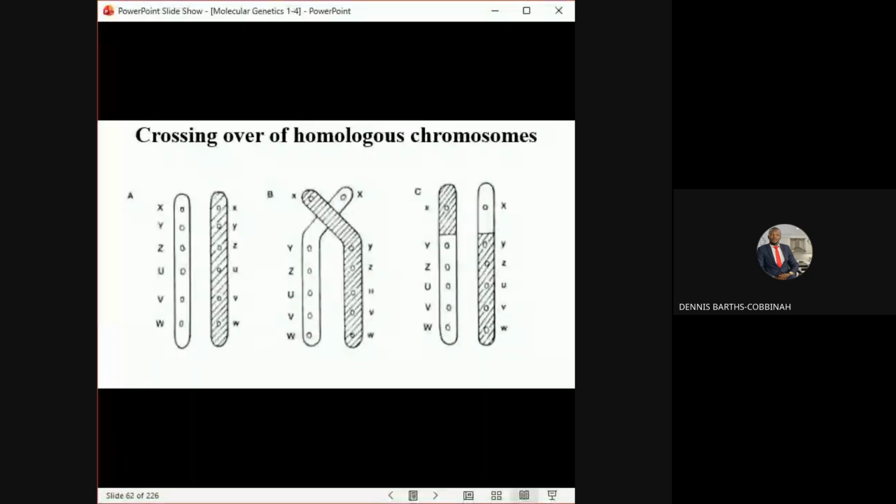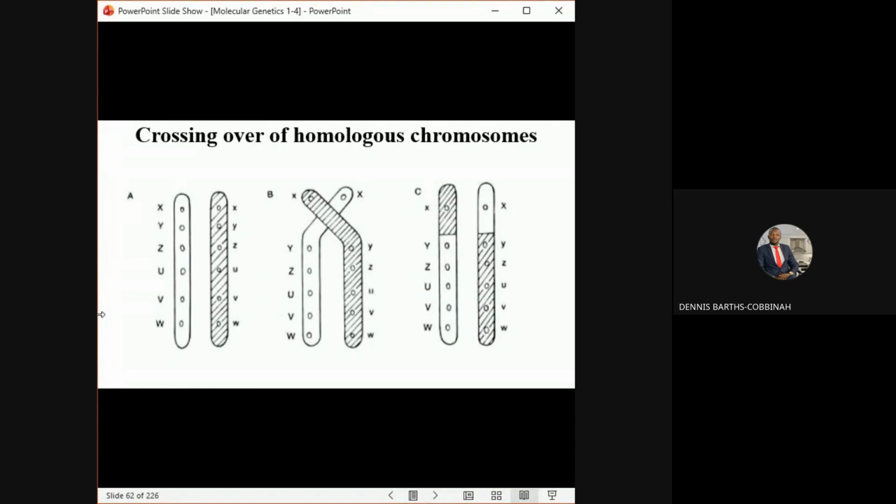So if you check on your screen, you have A, you have B, and you have C, and the other is striped. Now if you go to the B segment, you have the unstriped one exchanging genetic material with the striped one.